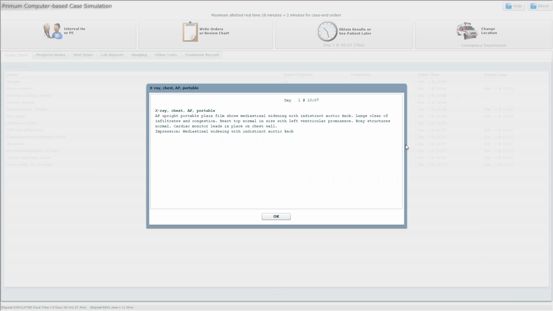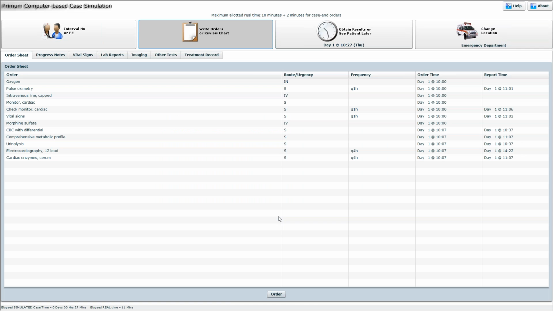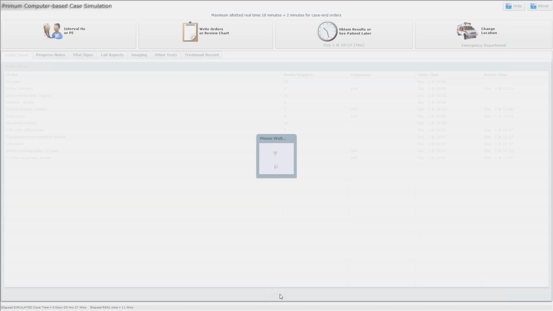When you choose the continue button, you have mediastinal widening with indistinct aortic knob. You met your third criteria, that's aortic dissection. So what do you do next? Now is what I want you to know about sequencing.